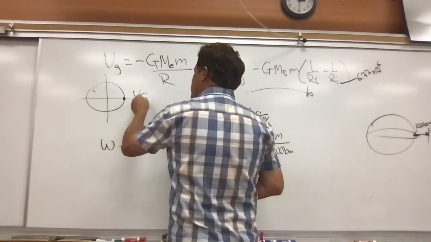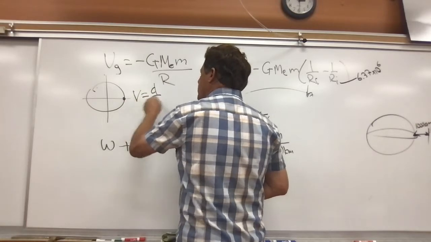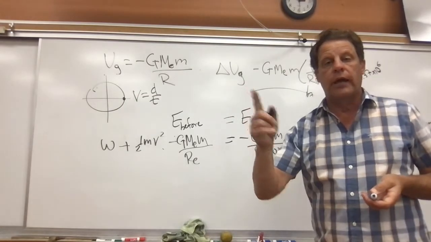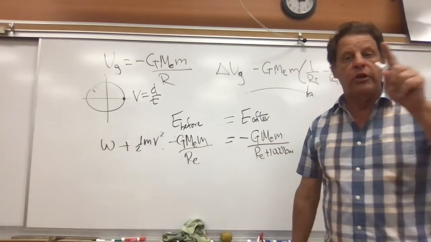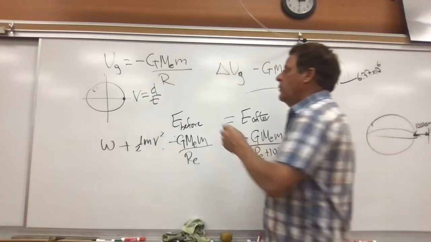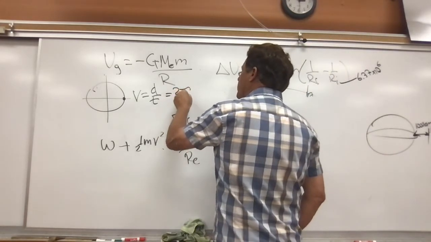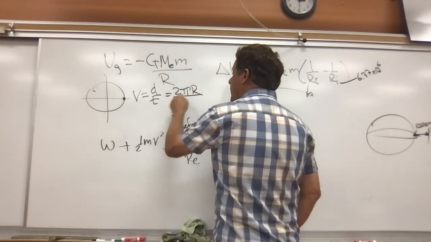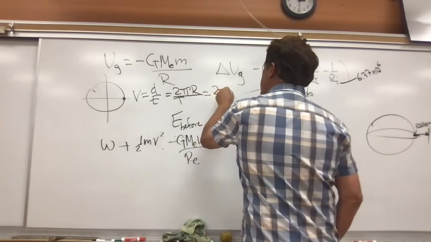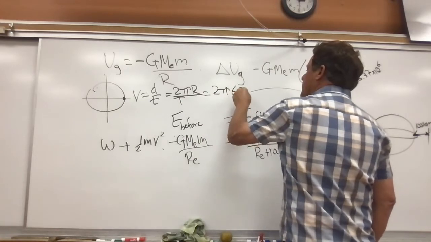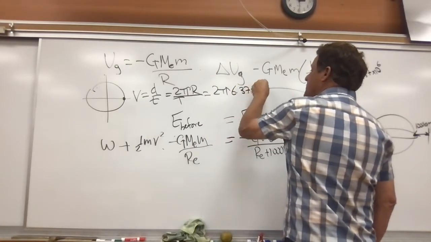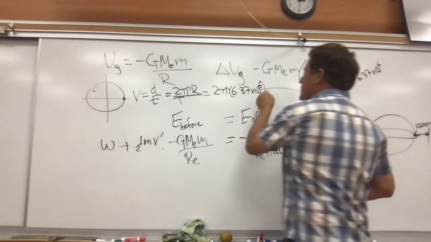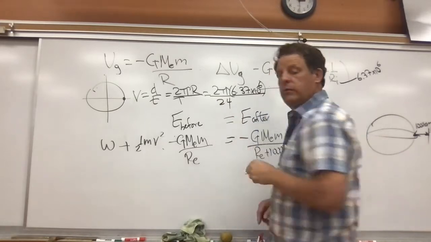Now velocity is going to equal distance divided by time. How far do we go, and how long does it take us? So I'm going to use 1 day, and we're going to go 2 pi r divided by our period, which is going to be 2 pi times 6.37 times 10 to the 6th, that's the radius of the Earth, divided by 24 hours.